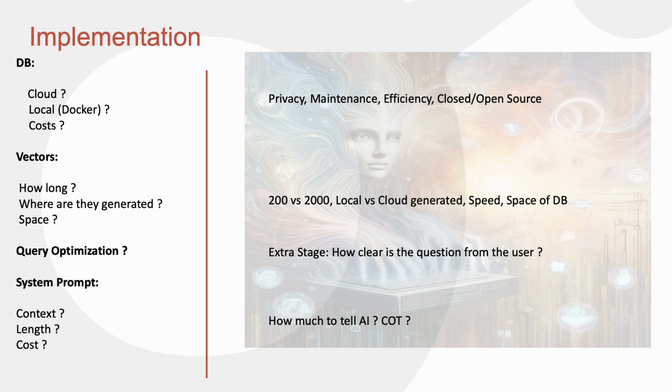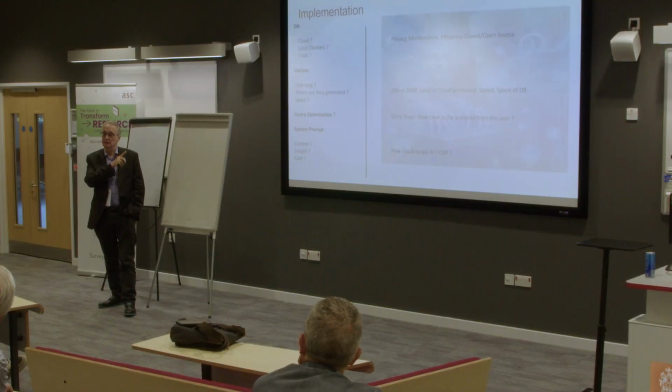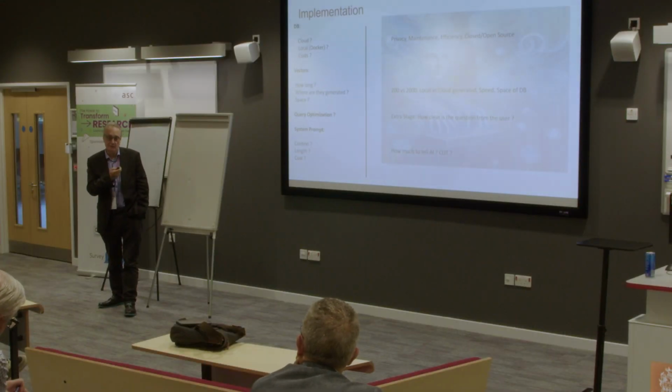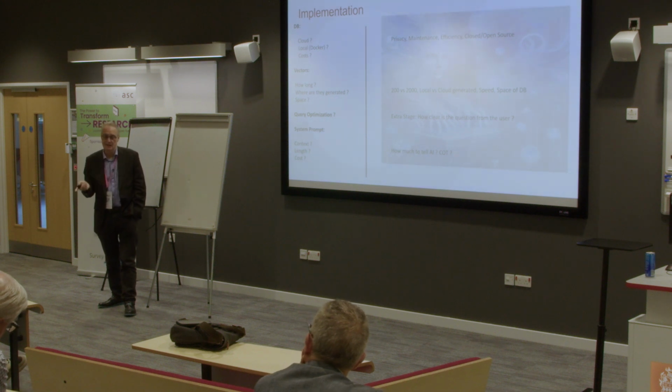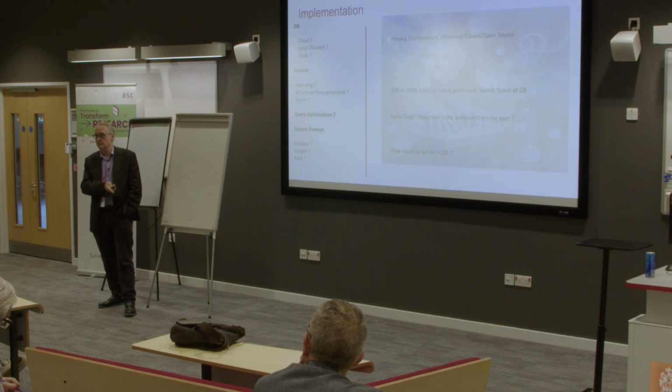One other thing you can do with these databases, and I'm pretty sure you can do it with all of them, is attach what the database I use, Qdrant, calls metadata. So you have a piece of data like, the text was the cat sat on the mat, the vector's there, the vector of numbers. Then a bunch of properties like, the cat was 8 years old, it was a black cat, and all that kind of stuff.